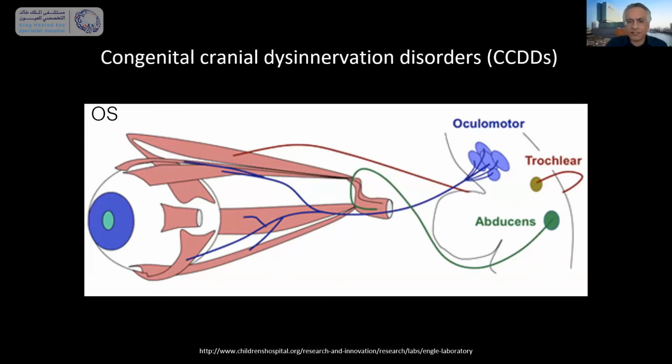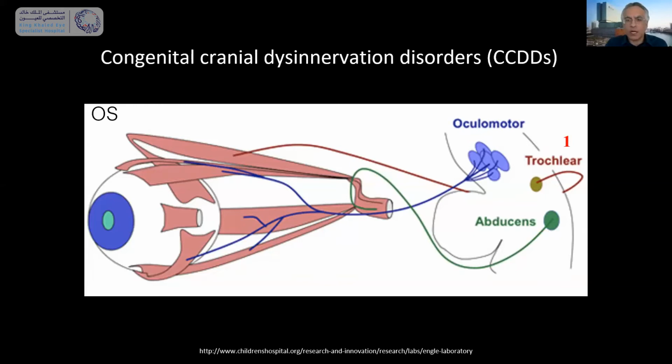Now that's a clinical categorization. The way I like to look at CCDDs, and I think it makes it easier to understand them genetically, is to classify them into 3 subtypes. You can have a problem affecting projections onto the cranial nerve nuclei or between the cranial nerve nuclei.